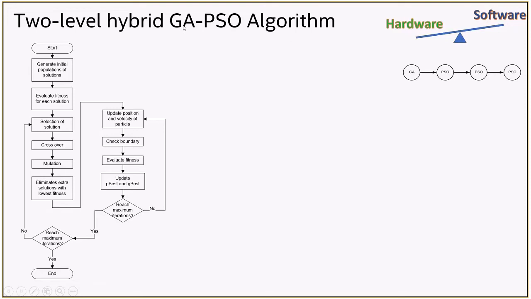With that, we go to the genetic algorithm and particle swarm hybrid 2-level. We start with the general population, evaluate each fitness function of one group, and we can select based on the fitness function, calculate the normalized value, and if it is anything falling below normal, then they will go for crossover or mutation.